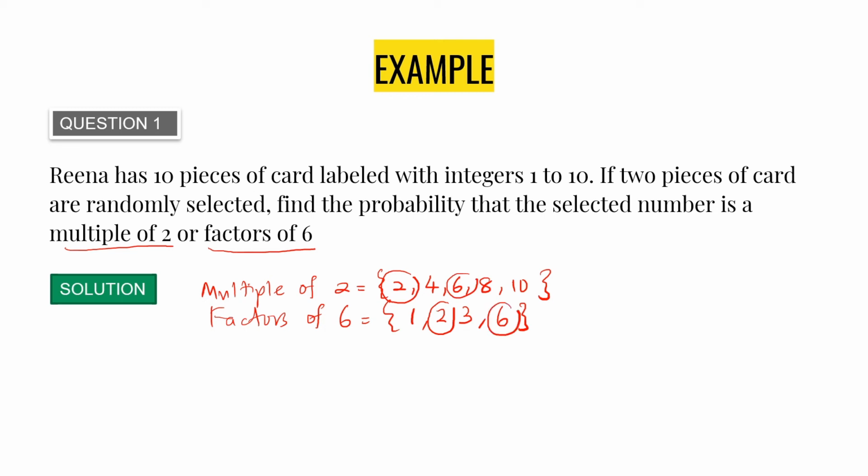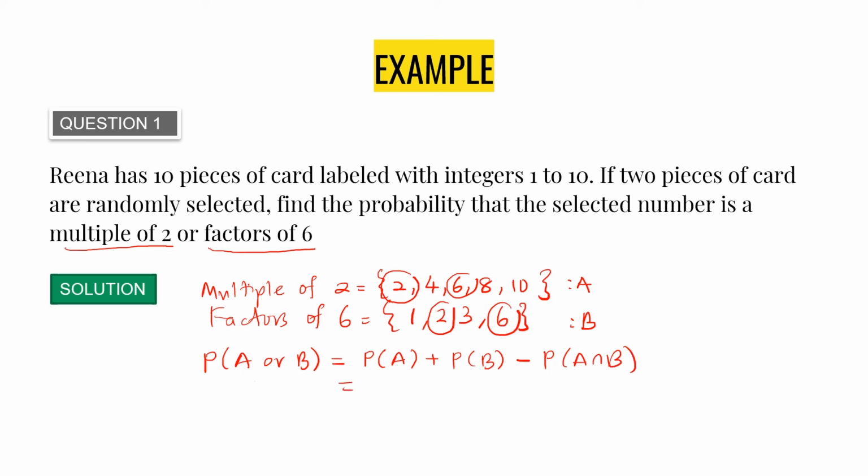So let's say multiple of 2 is our first event, event A, and factors of 6 is our second event, which I call B. In order to find the probability of getting A or B, as we recalled just now, this is a non-mutually exclusive event. That means we have to minus the intersection, so it will be equal to the probability of getting A plus the probability of getting B minus the probability of getting A intersect with B.